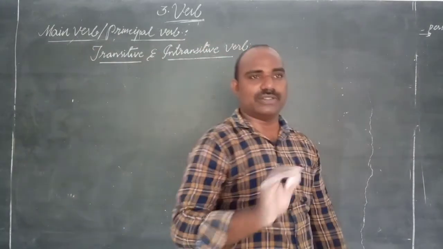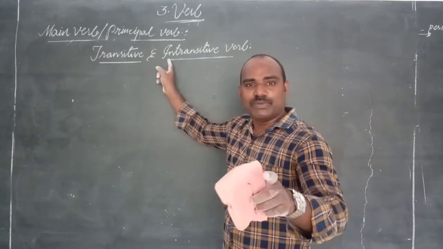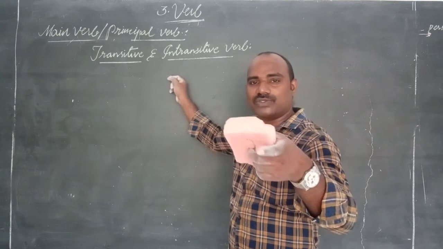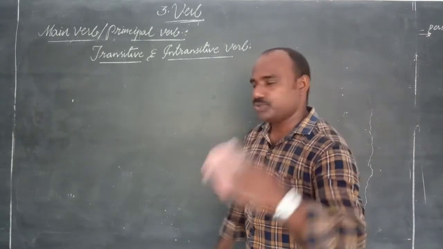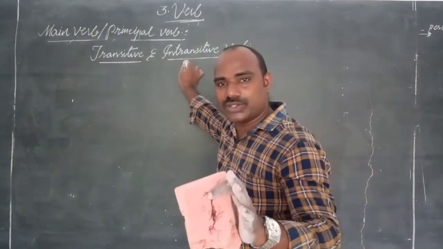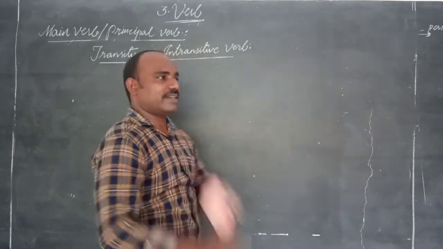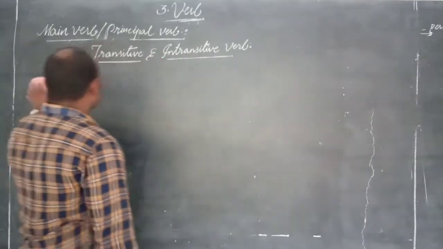What is a transitive verb? What is an intransitive verb? You see, these are very, very important when we learn active passive. I have already told you two times. See, how can we identify whether a verb is a transitive verb or an intransitive verb? Very easy to identify.